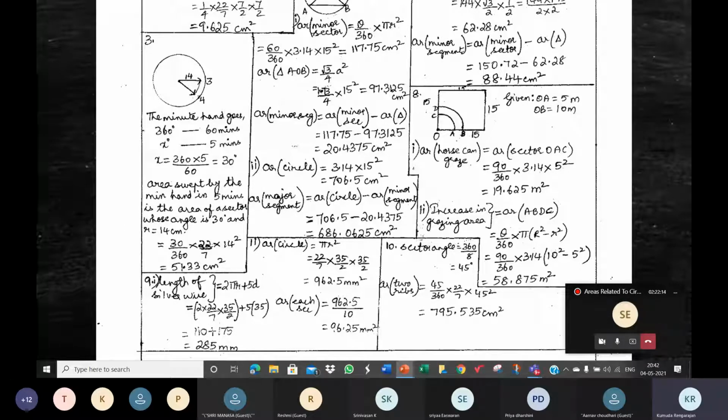So what will be each sector angle? 360 by 8. You count and see there are 8 sectors. Now, in one sector itself, children, there will be 2 ribs. Please understand what I'm saying. Look at one sector in the picture.